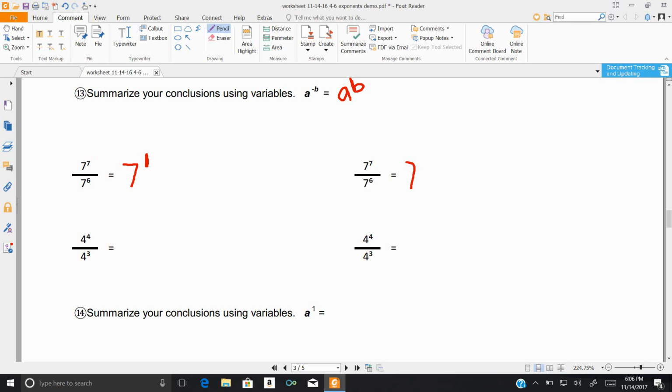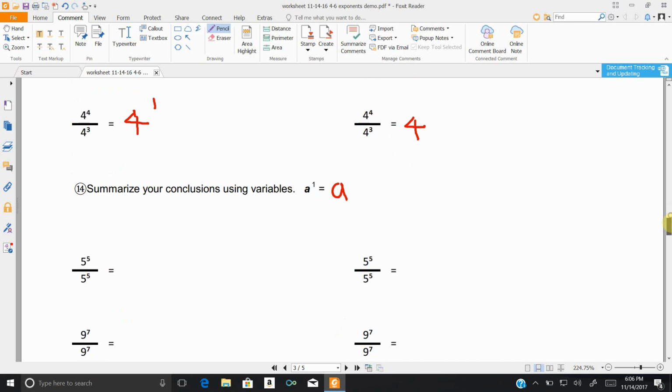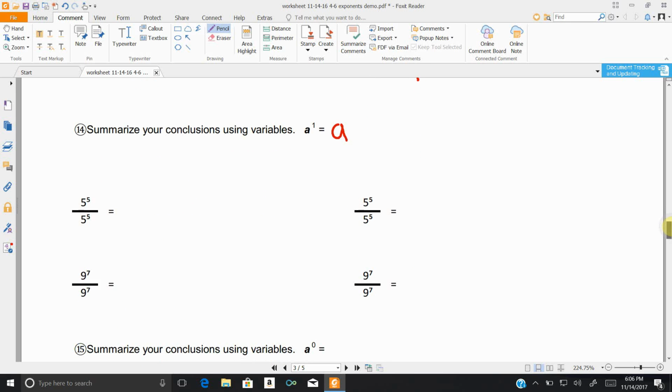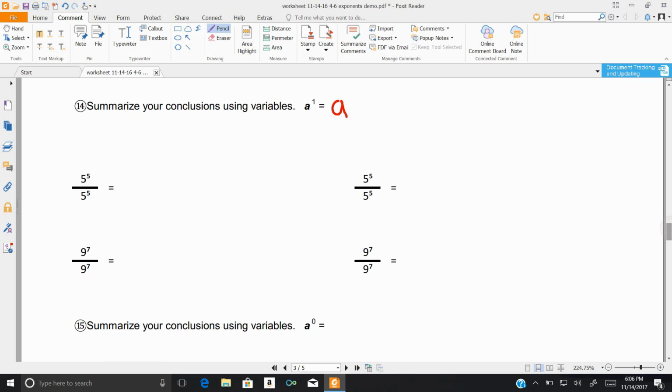Same thing with the 4s. 4 minus 3, I get 4 to the first power. And if I put it in my calculator, 4 to the 4th power divided by 4 to the 3rd power equals 4. So we know that a to the first power equals a. Any number to the first power equals itself because of the subtraction rule.